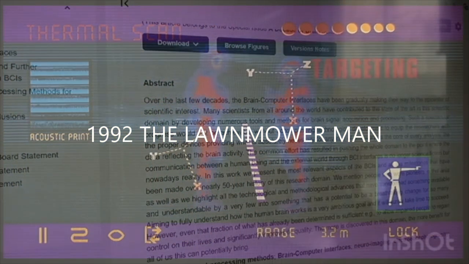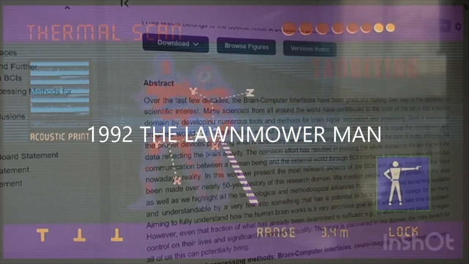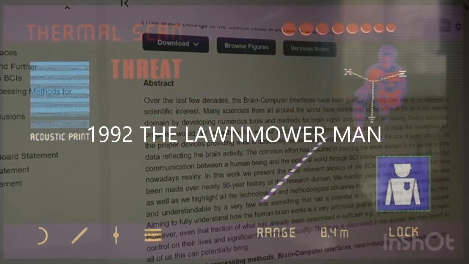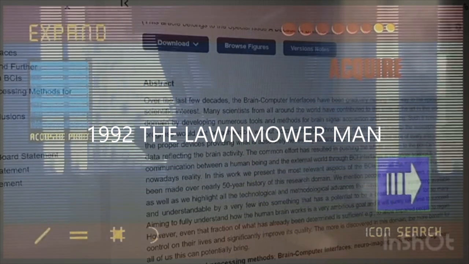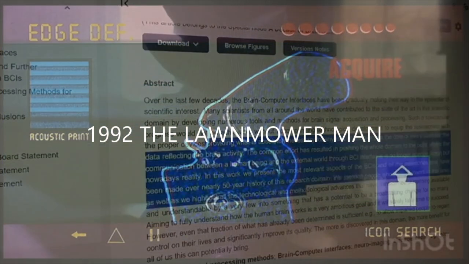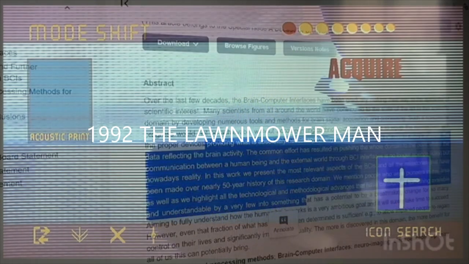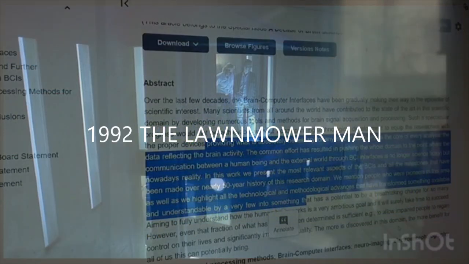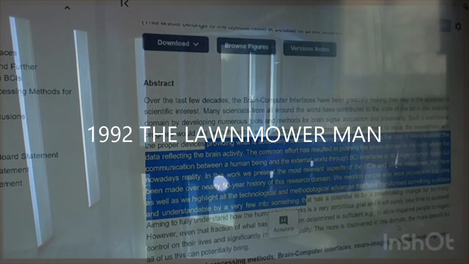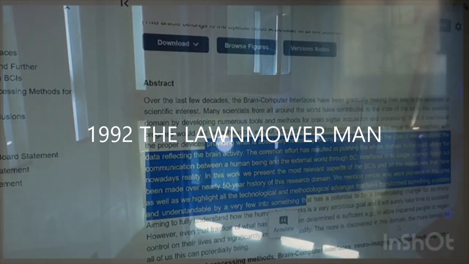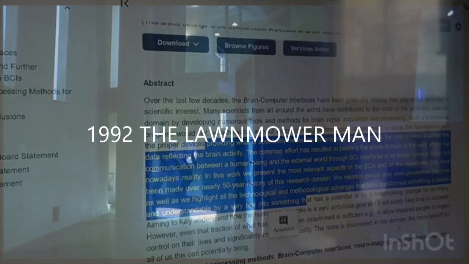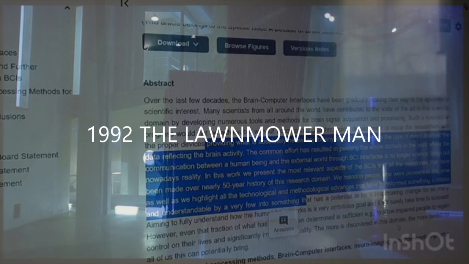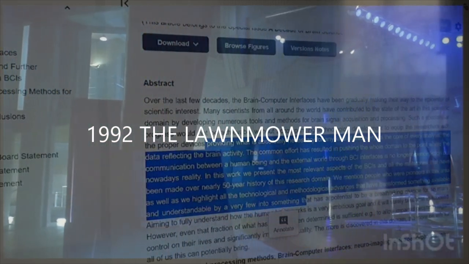Such a spectacular progress would not be achievable without accompanying technological development to equip the researchers with the proper devices, providing what is absolutely necessary for any kind of discovery as the core of every analysis, the data reflecting the brain activity. The common effort has resulted in pushing the whole domain to the point where the communication between a human being and the external world through brain-computer interfaces is no longer science fiction, but nowadays reality. 2021.